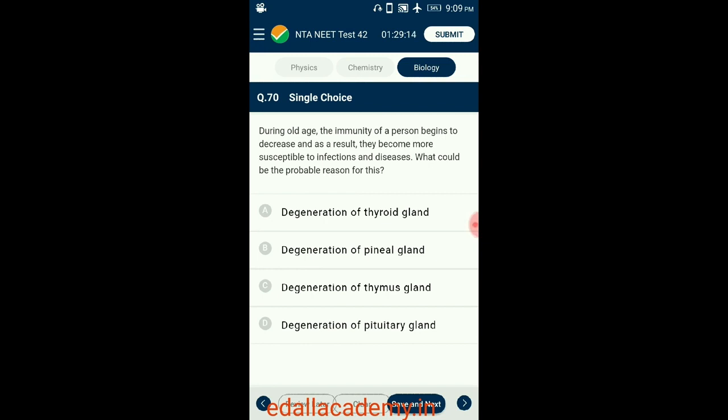They also promote antibody production and provide humoral immunity. Hence, degeneration of the thymus gland in old age leads to decreased immunity. So the answer for this question is option C, due to the degeneration of the thymus gland.